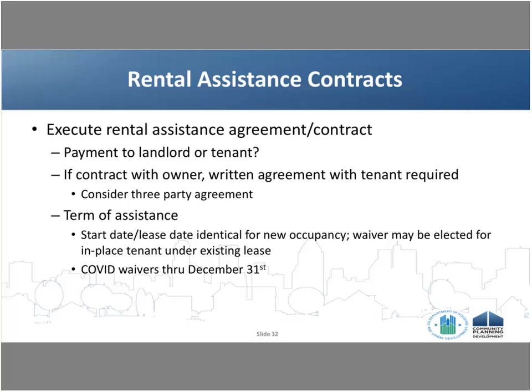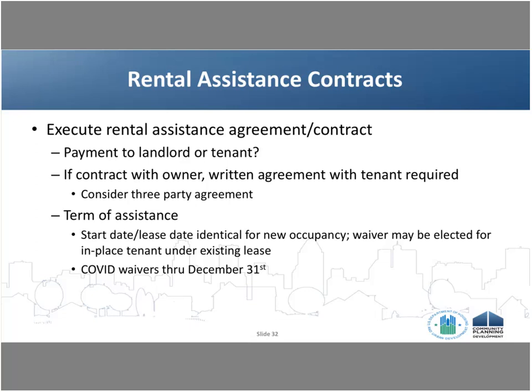It seems like at the very least the contract should be executed with the party to whom the payments are being made to govern the payout of those funds, whether that be the owner or the tenant. Just remember that if the contract is only with the owner, the rule still requires a written agreement to be executed with the tenant. So if you have the rental assistance contract with the owner, you will also have an agreement with the tenant.